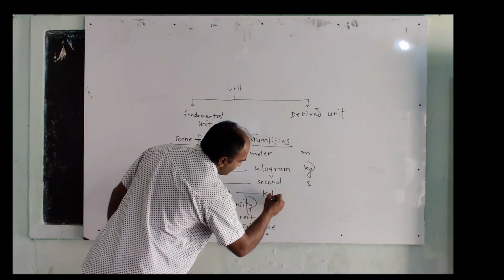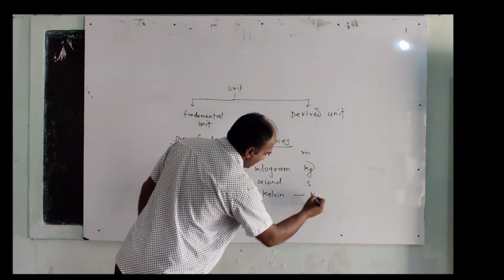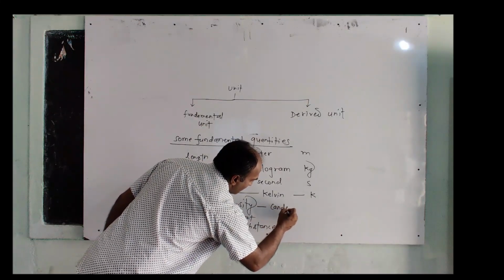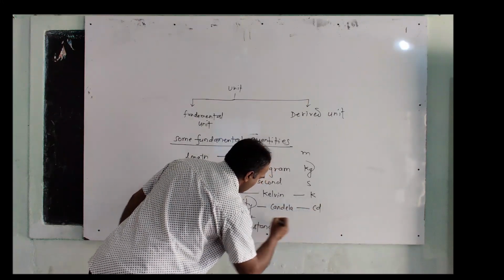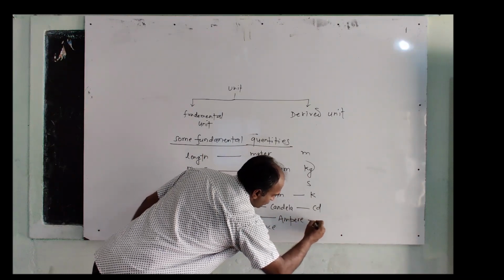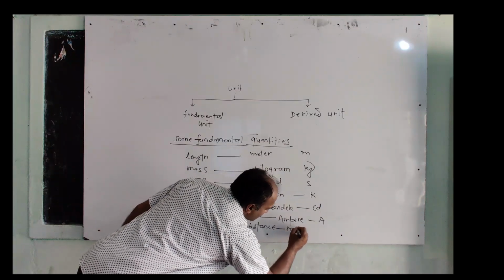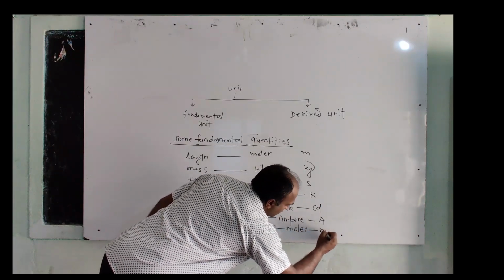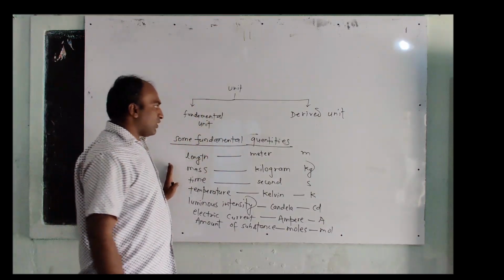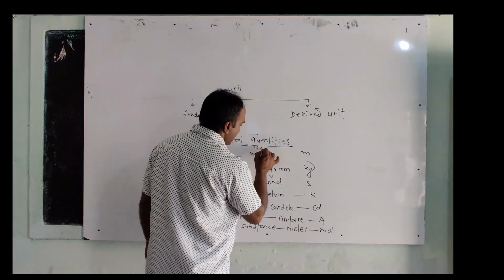Temperature is expressed in Kelvin in SI system, symbol K. Luminous intensity, candela, cd. Current is expressed in ampere, capital A in symbol, and the amount of substance, mole, mol in short. These are fundamental quantities, their units and their symbols.